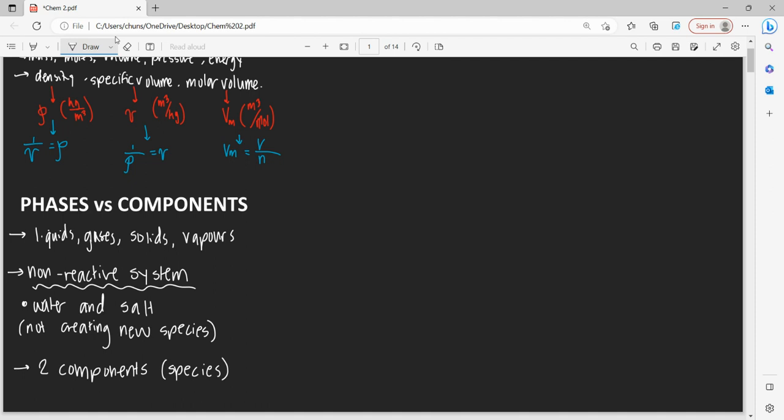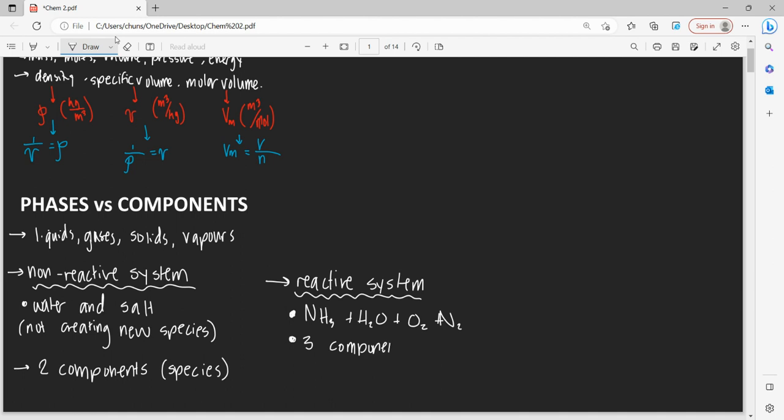In the case of us having a reactive system, say if we had species that were all interacting with each other to produce new things. So then if we had ammonia, water, oxygen, and nitrogen gas, in this case, we would have 3 components, because rather than taking a look at each separate species present, we look at each element present.